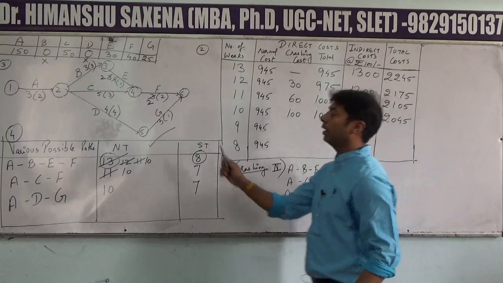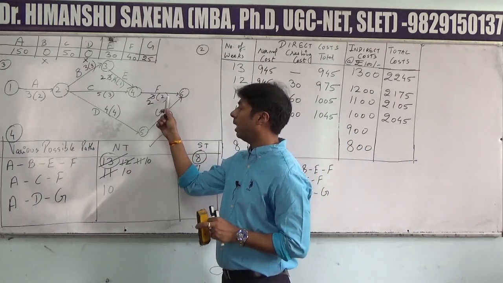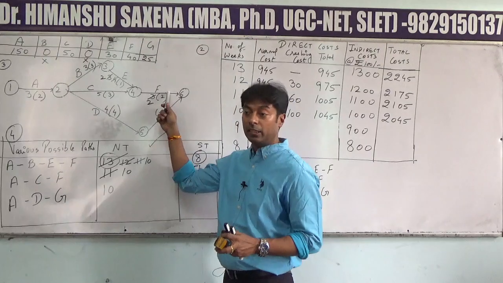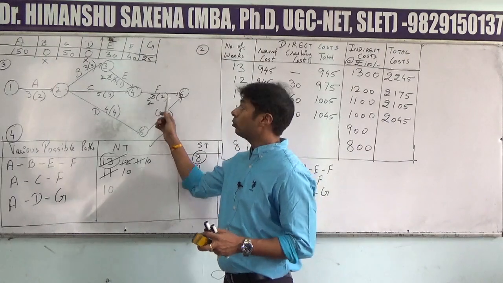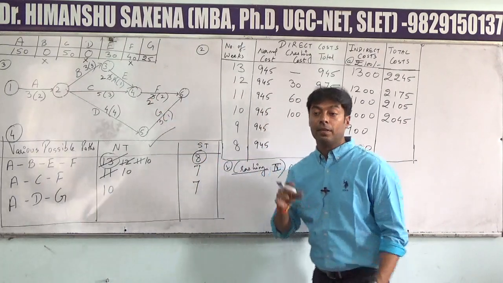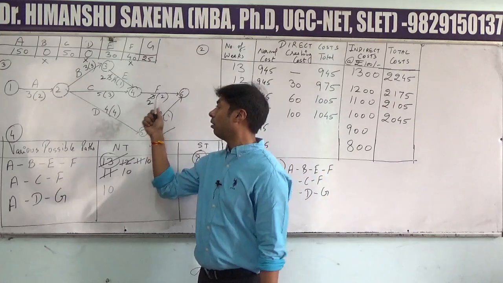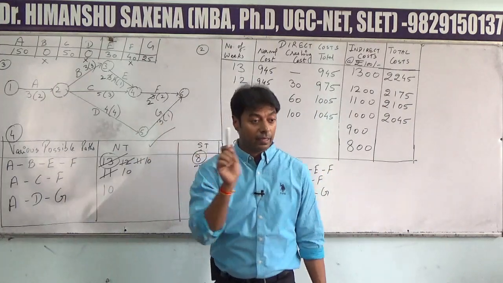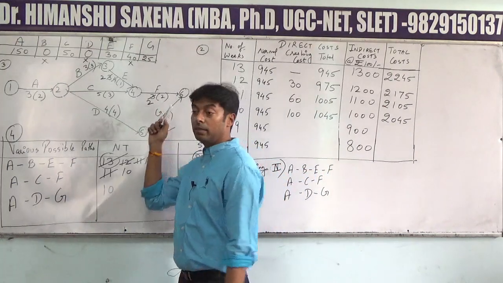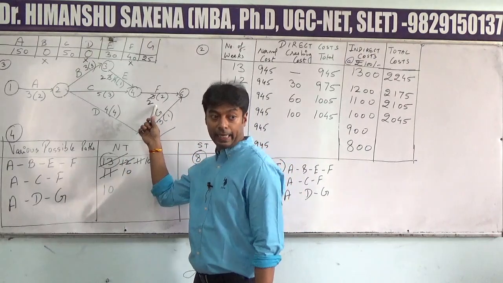Now again, observing this activity F, we come to the conclusion that the normal time as well as the crash time are exactly the same. So from now on we cannot consider activity F further for crashing, because all those activities where the normal time and crash time are exactly the same cannot be considered for crashing. So we will not consider activity F.